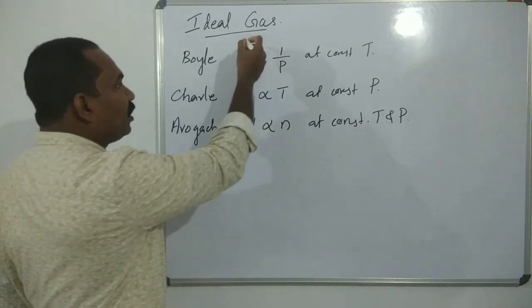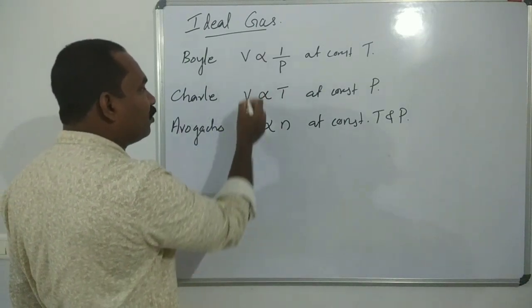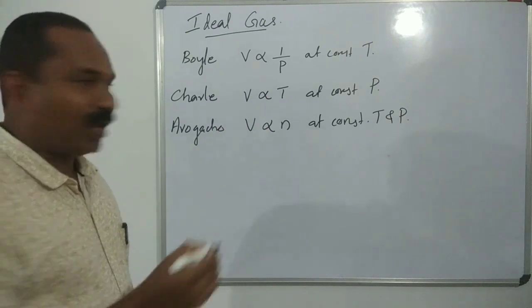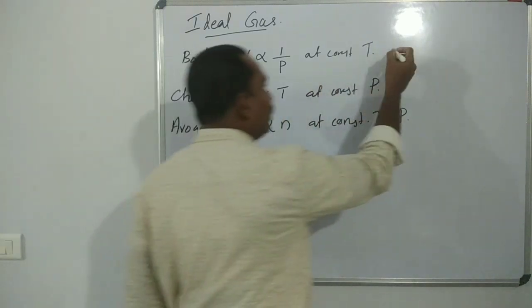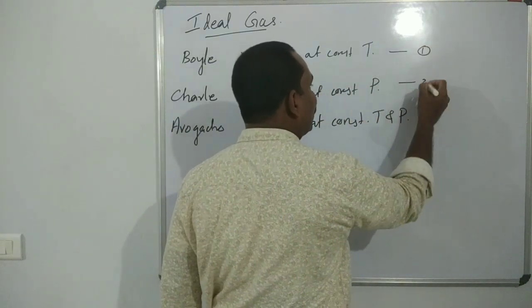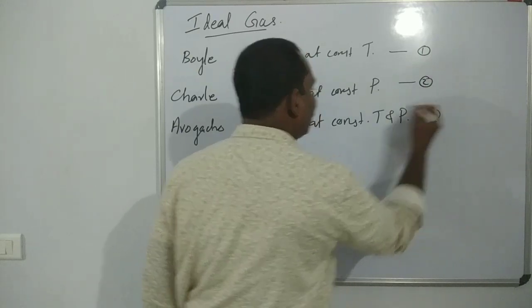Look at this. The left hand side is volume. So let's label these equations 1, 2, 3.